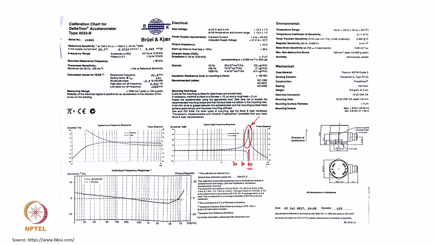That is the order of the natural frequency that a sensor will have, and that will be given here. So, resonance frequencies of the order of 41.2 kilohertz. Okay. And therefore, the frequency range can go right up to close to 13 kilohertz, 12.8 kilohertz. Okay. You cannot simply imagine measuring such a high frequency using a seismometer, it is not designed for that.